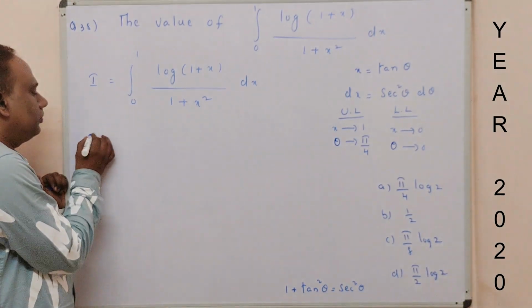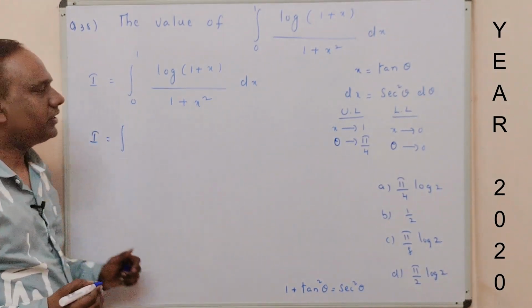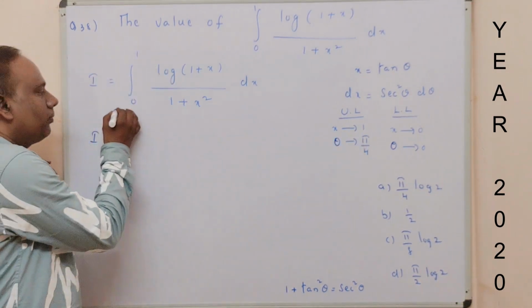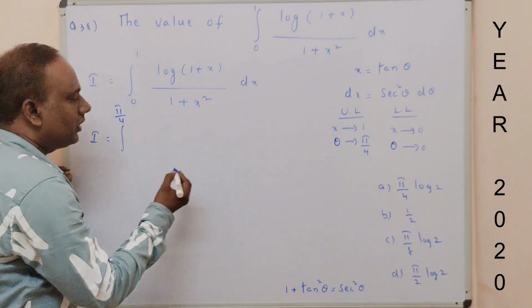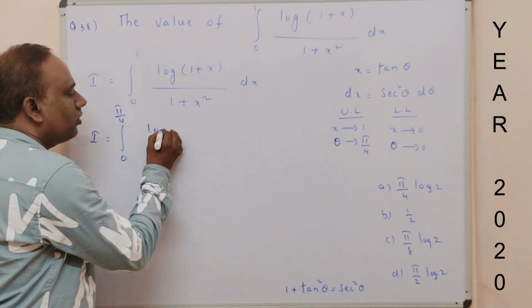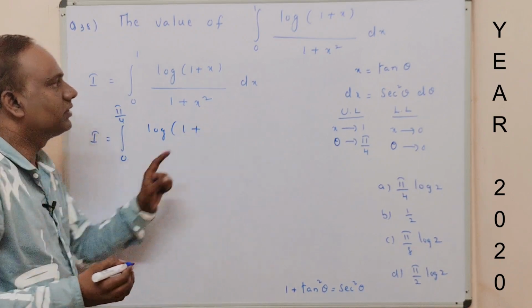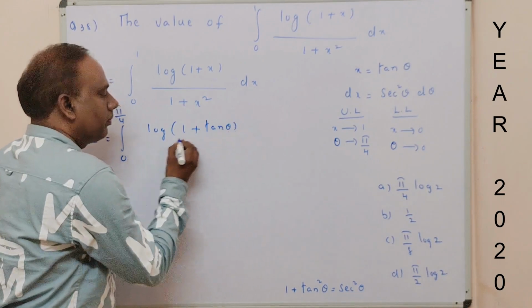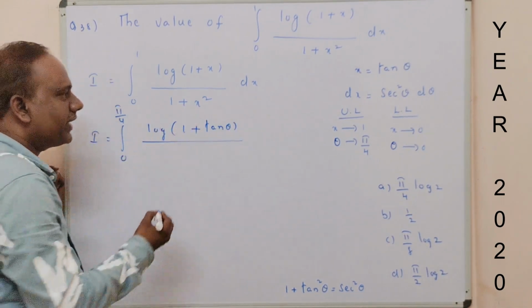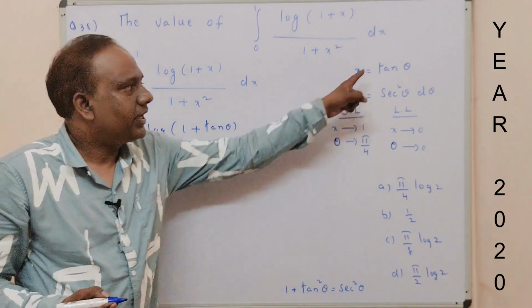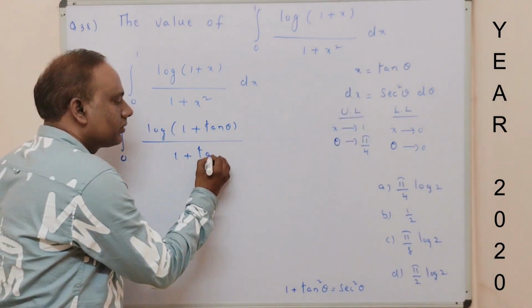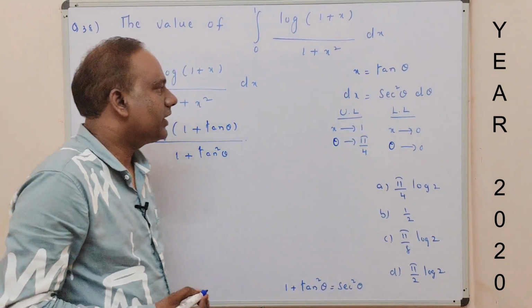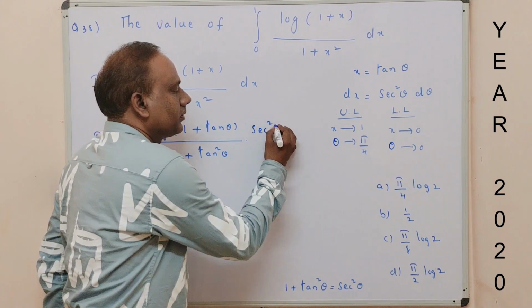Now I is equal to the integration with upper limit pi by 4 and lower limit 0, of log of 1 plus x, which is tan theta, by 1 plus x square. 1 plus x square means 1 plus tan square theta, into dx, so dx is equal to secant square theta d theta.